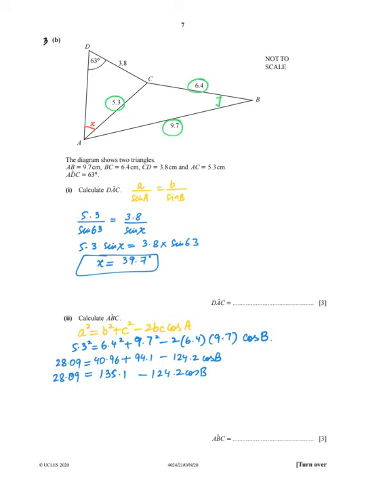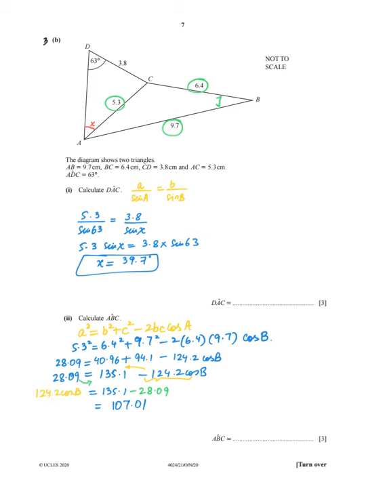Now I will arrange the equation. So 135.1 as it is, but when I shift 28.09 to the right side, it will be minus 28.09, and when I shift minus 124.2 cos B to the left side, it will be 124.2 cos B. Then we subtract 135.1 minus 28.09, which is 107.01, and 124.2 on the left side is multiplying.